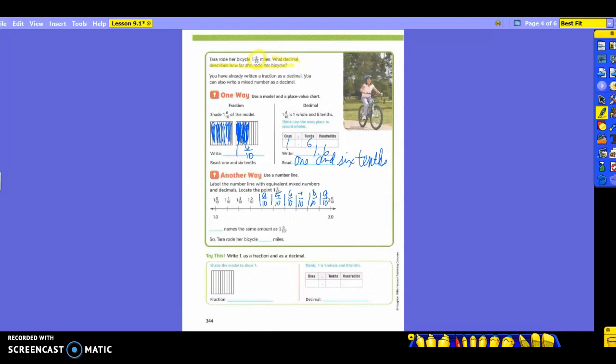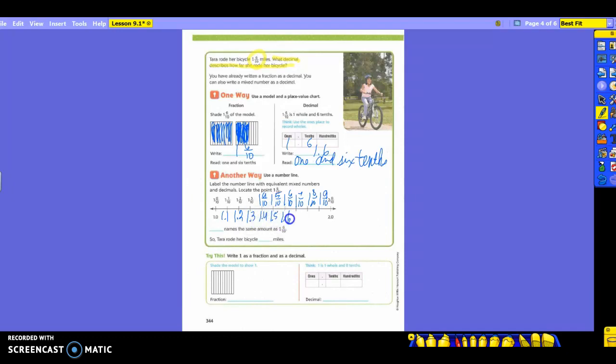Yes? All right, let's talk about the decimals then. So if I have 1 and 0 tenths, I'm going to have 1 with 0 tenths in that place. What am I going to put for 1 and 1 tenth? 1.1. What am I going to put for 1 and 2 tenths? 1.2. You're going to fill in the last ones all the way to the end.